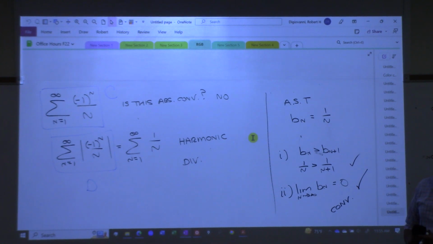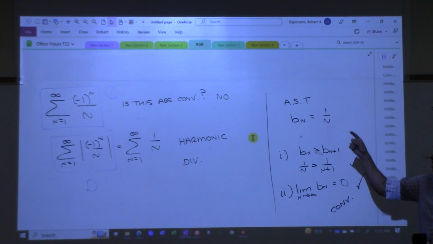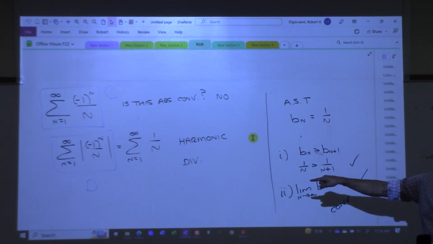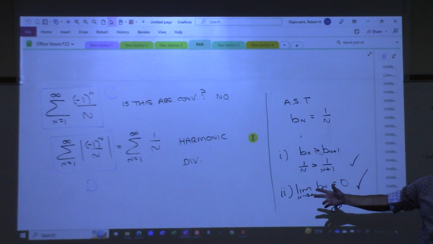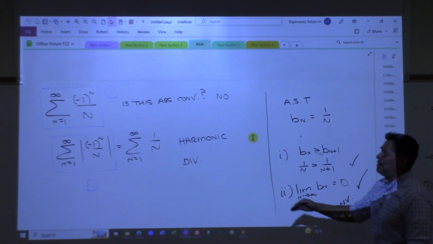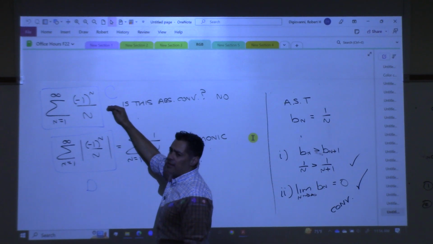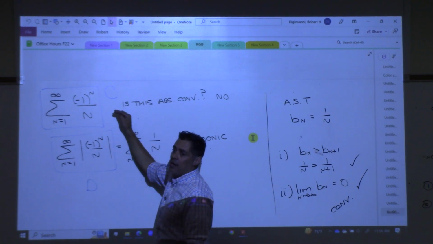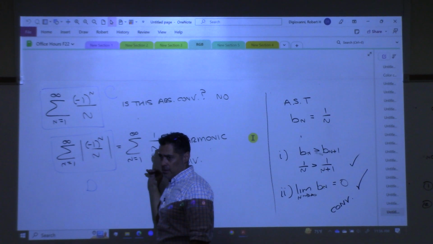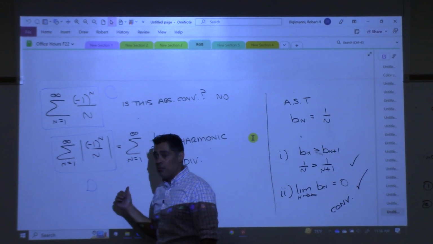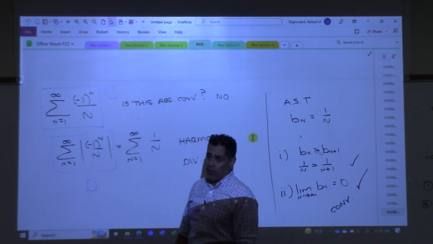So absolute convergence is a stronger condition because it means that you converge up there and down here. But I haven't given you the theorem that says that. If I just say that this series is convergent, I cannot just from that tell you whether or not it converges absolutely. But if I tell you it converges absolutely, then I can tell you that the original series converged.